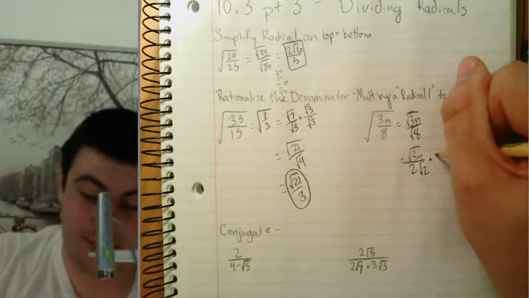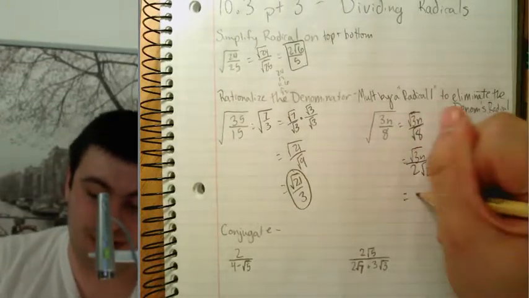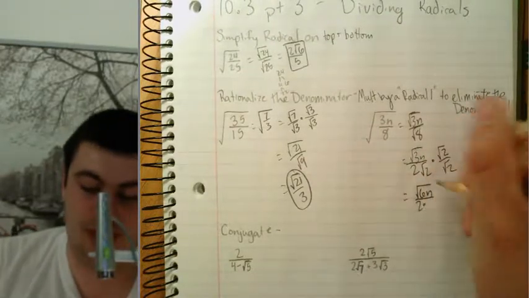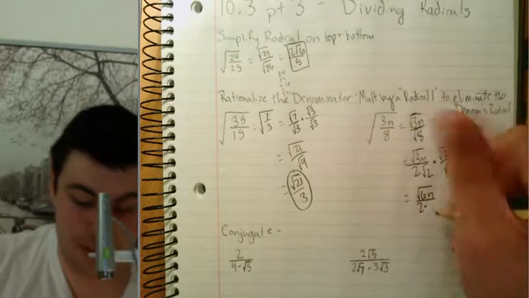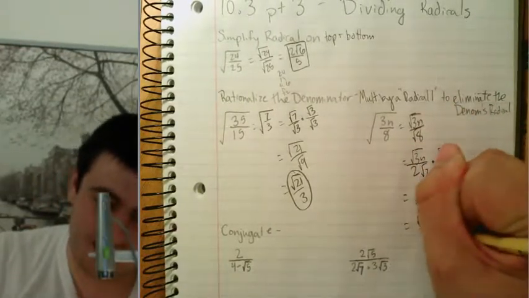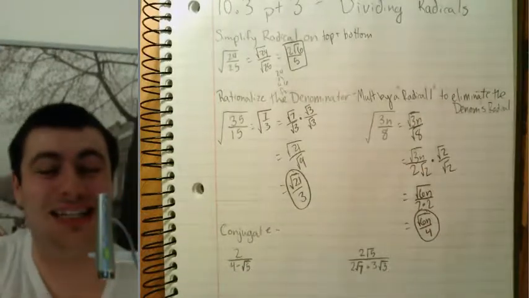I'm going to multiply by the square root of 2 over the square root of 2, which gives me the square root of 6n over 2 times the square root of 2 times the square root of 2, which is 2 times 2. So we get the square root of 6n over 4, and we've rationalized that denominator.